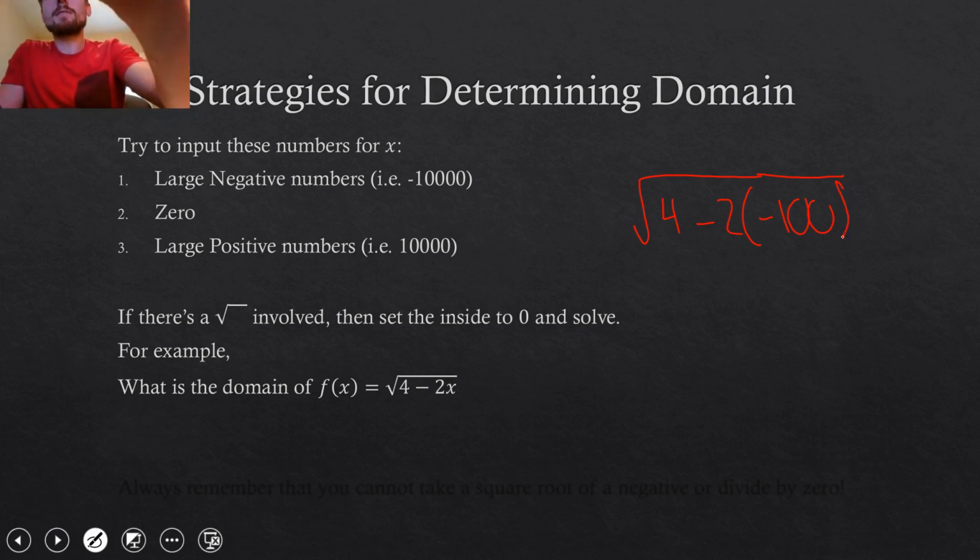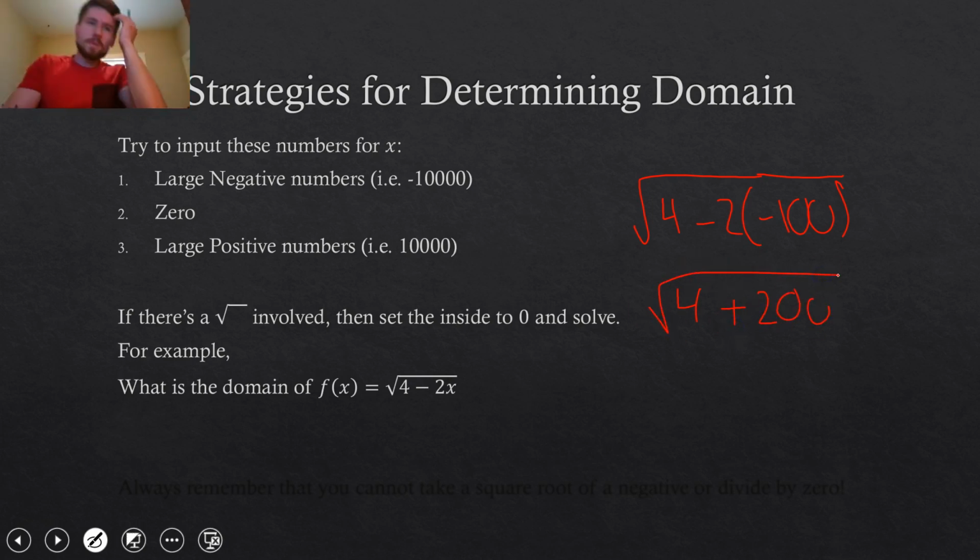What is 4 minus 2 times negative 100? That's going to be negative 200, so this is really 4 plus 200. Without actually evaluating this, we can pause here and say, it does make sense for large negative numbers. I can plug in negative 100, negative 1,000, and this will still work.